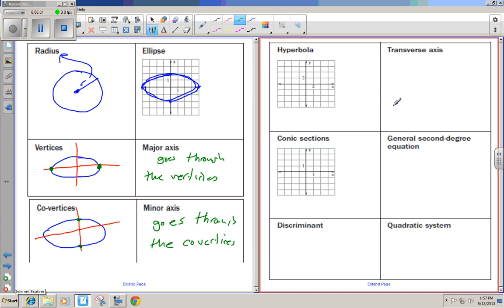A hyperbola you've already actually seen. The hyperbola is a graph that has some asymptotes. For the most part, our hyperbolas have looked like this, where we've had horizontal and vertical asymptotes.